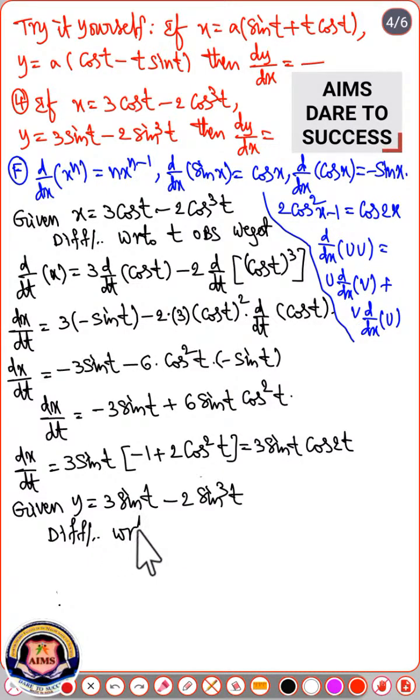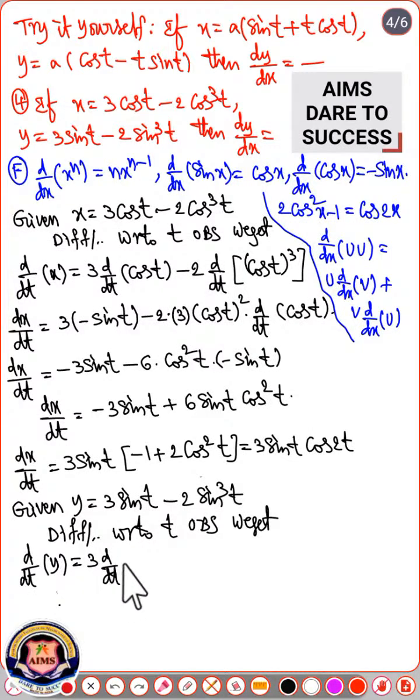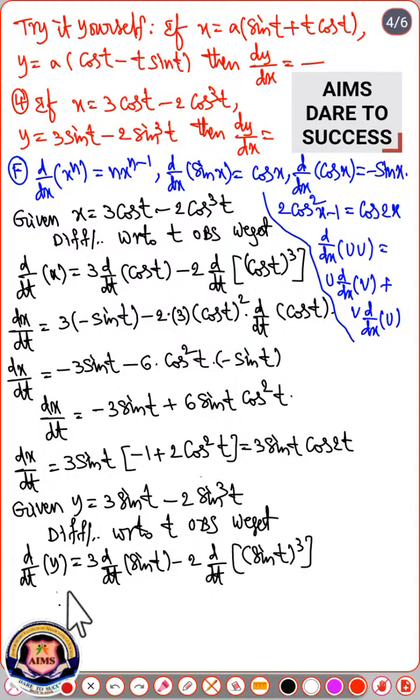Differentiating with respect to t on both sides, we get d by dt of y is equal to 3 into d by dt of sin t minus 2 into d by dt of sin cube t, which can be written as sin t whole cube.